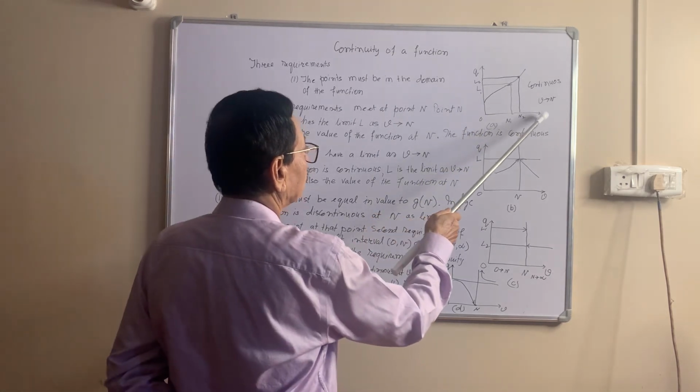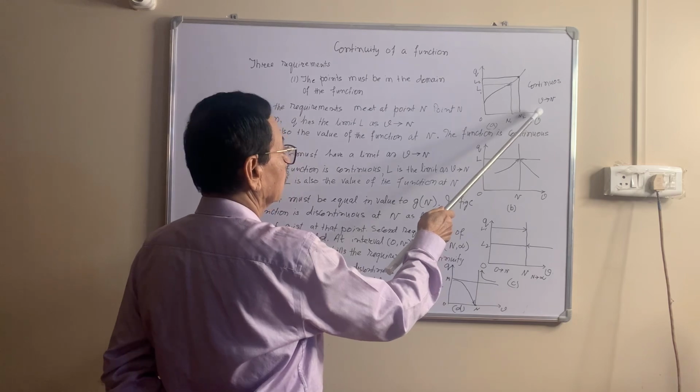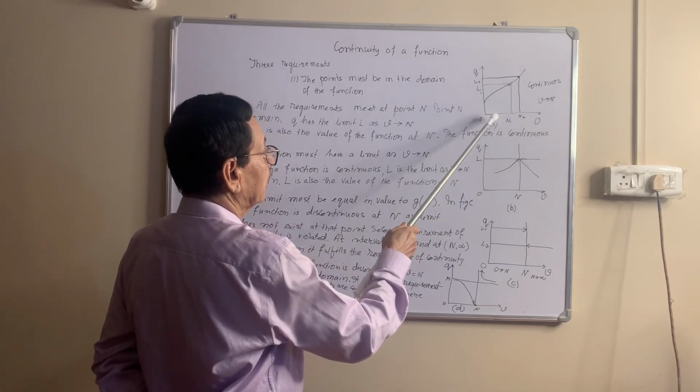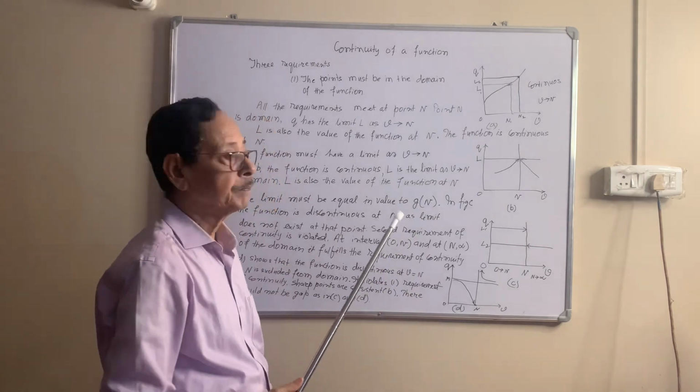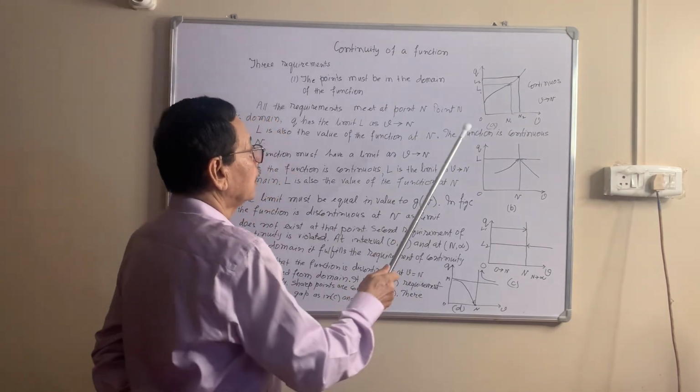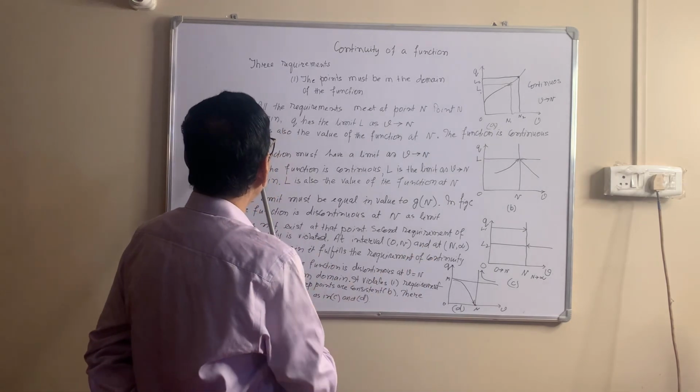Out of the total inputs V, or there are different levels of V, so they are represented by N. Okay?